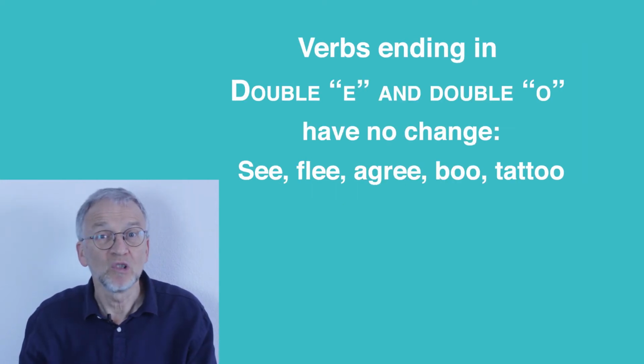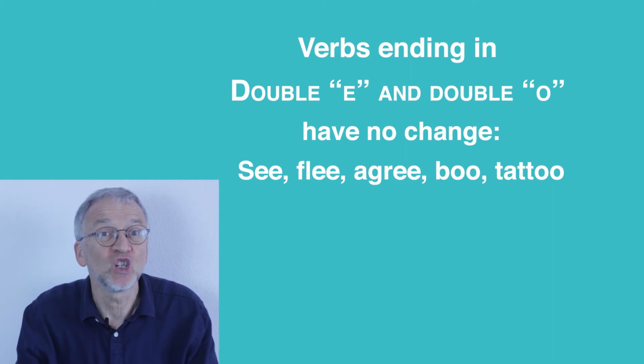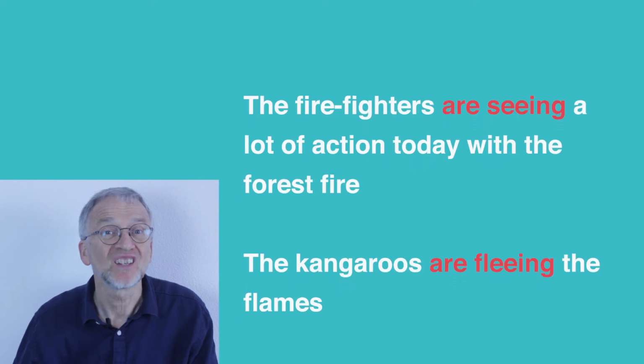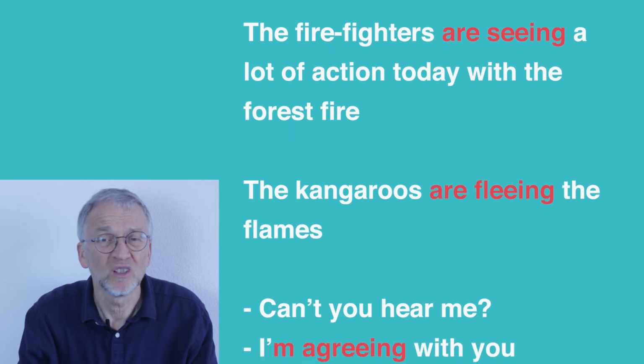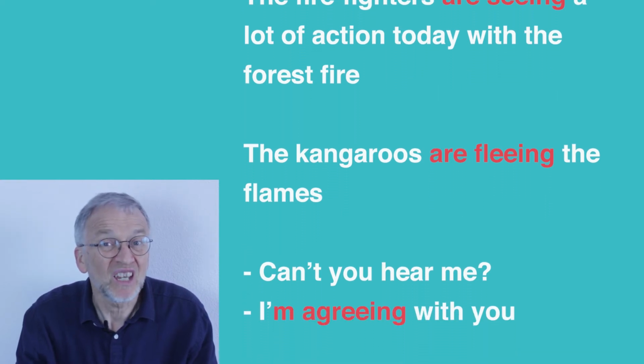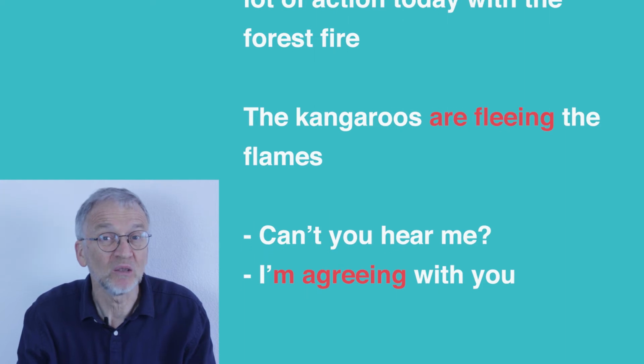Verbs ending in double E, two E's, and double O have no change. So see, flee, agree, boo, and tattoo. So then, the firefighters are seeing a lot of action today with the forest fire. Oh, it's terrible. The kangaroos are fleeing the flames.